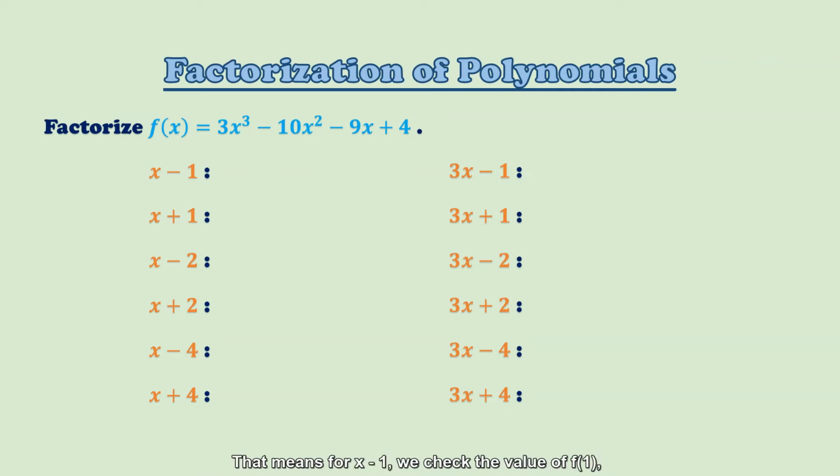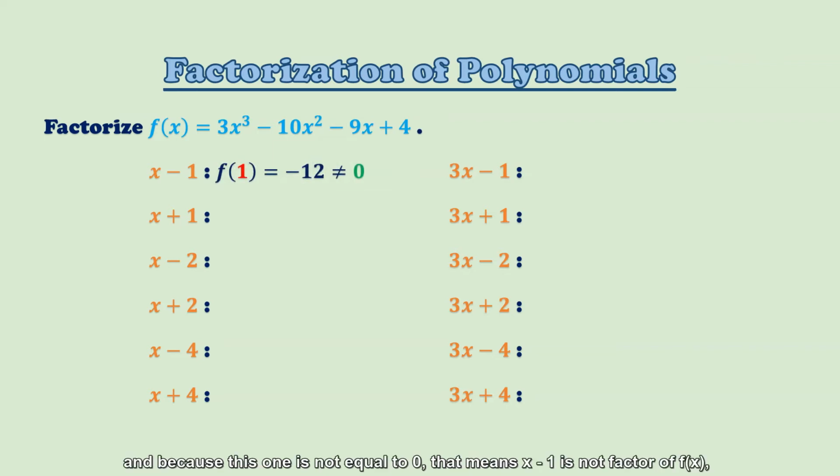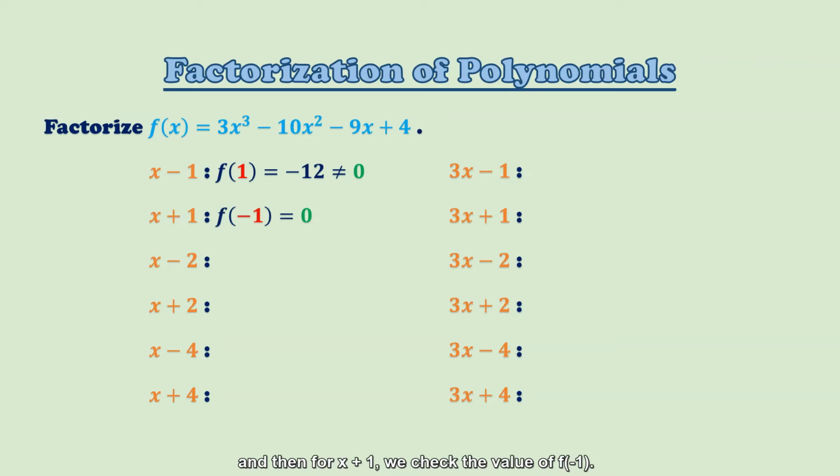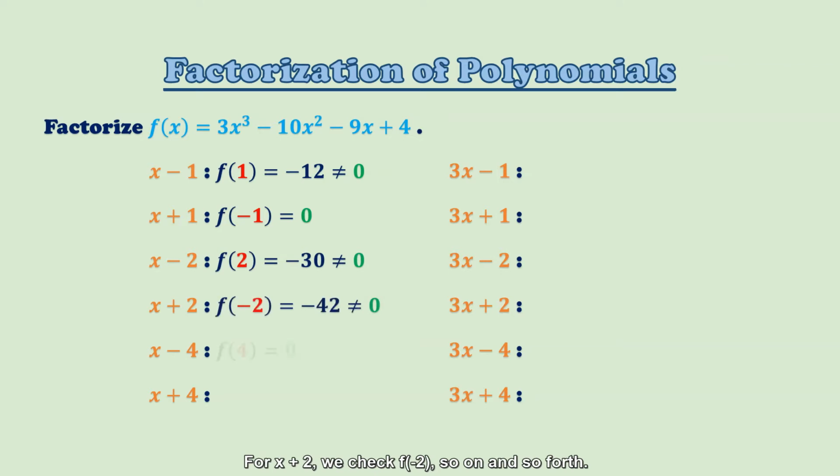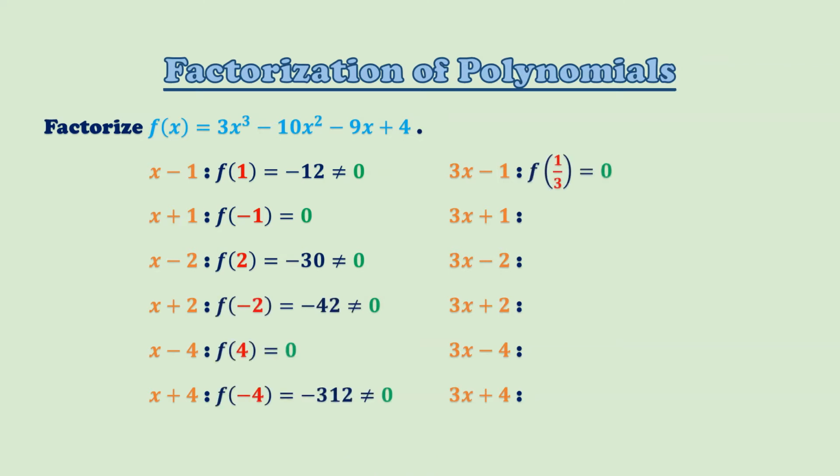That means for x minus 1, we check the value of f(1), and because this one is not equal to 0, that means x minus 1 is not a factor of f(x). And then for x plus 1, we check the value of f(minus 1). For x minus 2, we check f(2). For x plus 2, we check f(minus 2). So on and so forth.